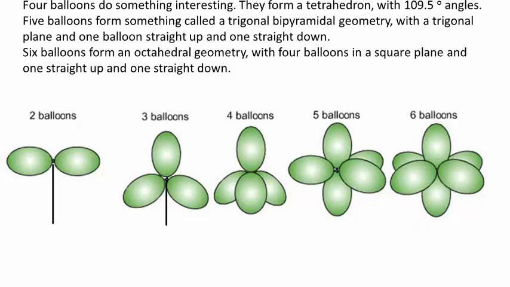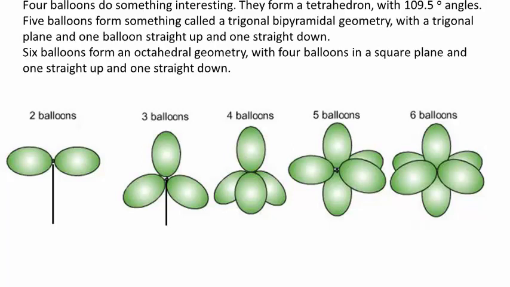If you have 4 balloons, something interesting happens. They form what is called a tetrahedron, with 109 degrees between each of the balloon, central atom, balloon angles. If you have 5 balloons on a stick, or 5 of these pairs of electrons, it forms something called a trigonal bipyramidal geometry with what is called a trigonal plane and then an up position and a down position.